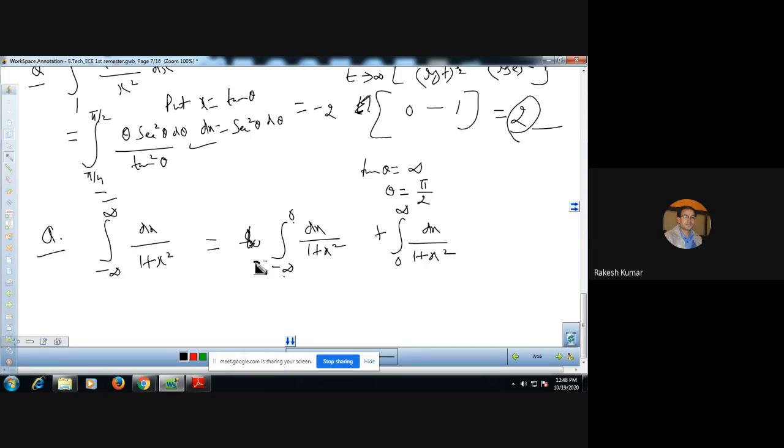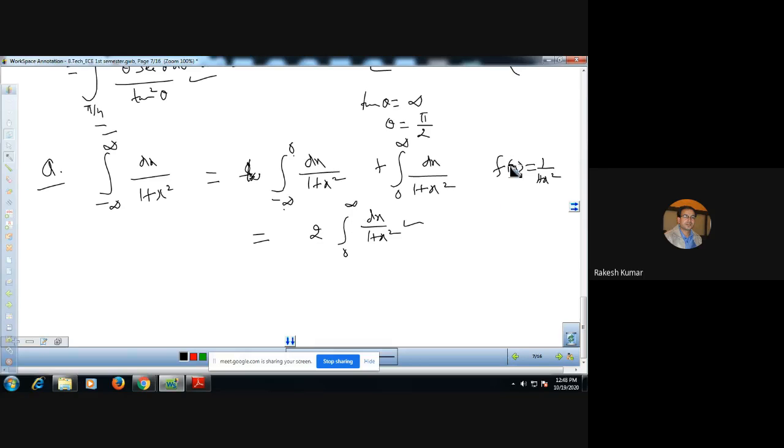And you know that 1 over 1 plus x square is an even function. So this will become 2 times integral 0 to infinity dx over 1 plus x square. This is the rule which we have done in 10 plus 2. It becomes twice when the function is an even function.